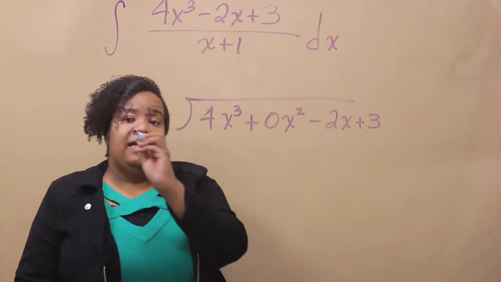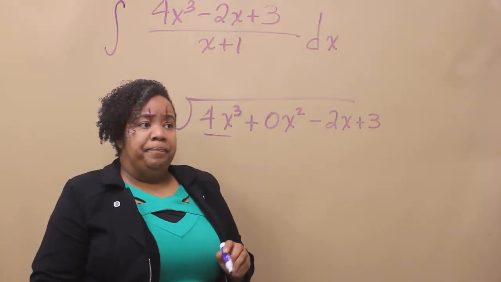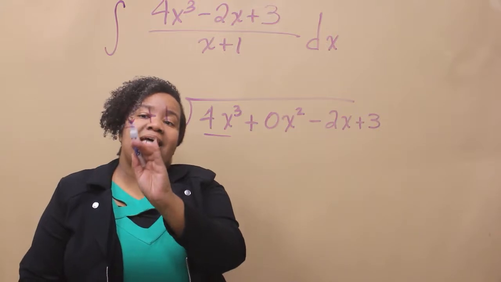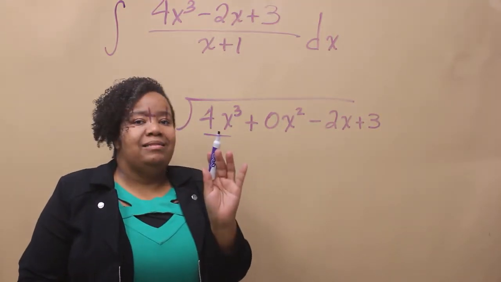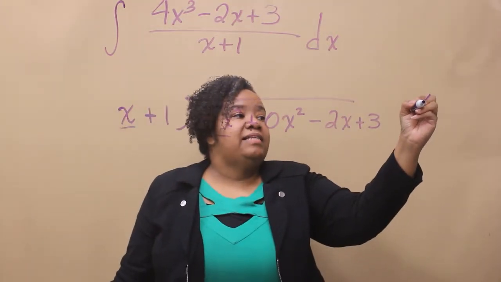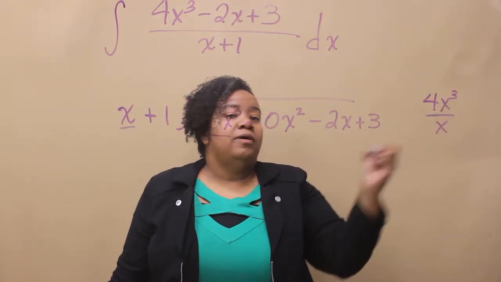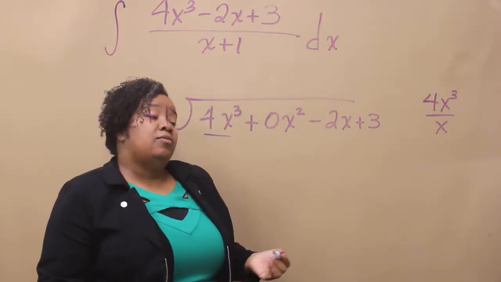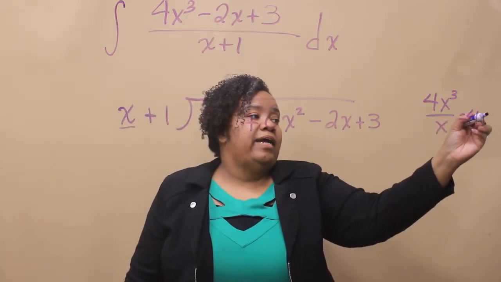Okay, so now we're going to take a look at the leading coefficient and the first term in our dividend, and I'm going to ask how many times can this first term go into this first term? Or another way of looking at that is saying 4x cubed over x. And of course the answer to that is 4x squared.